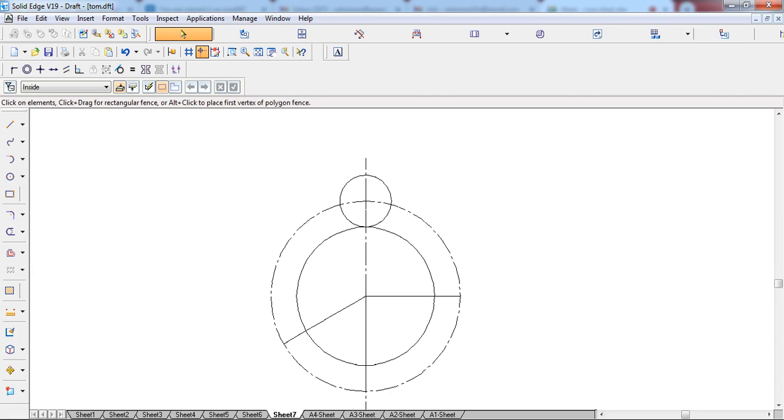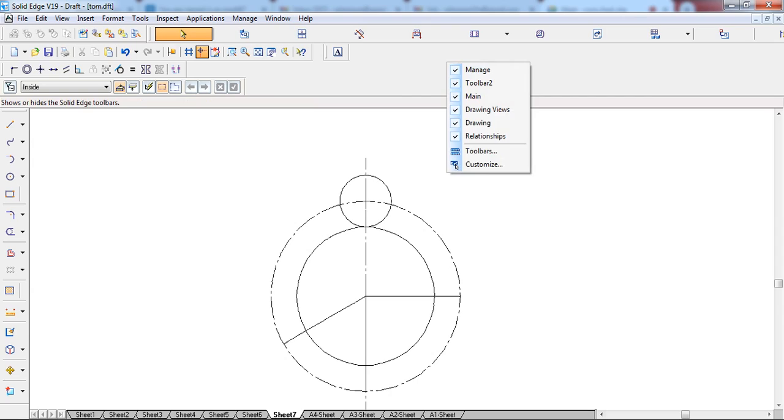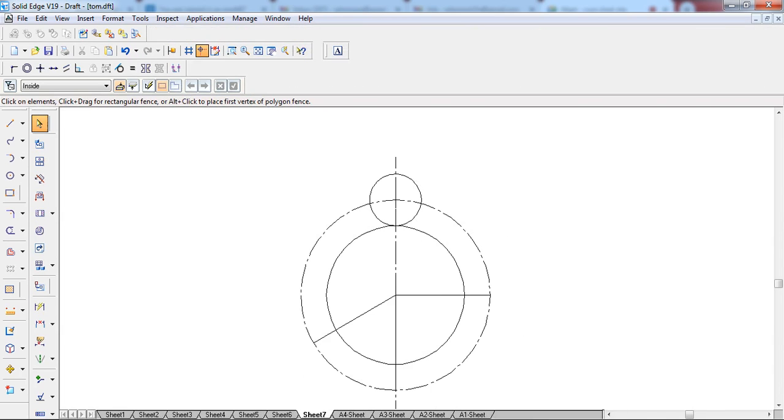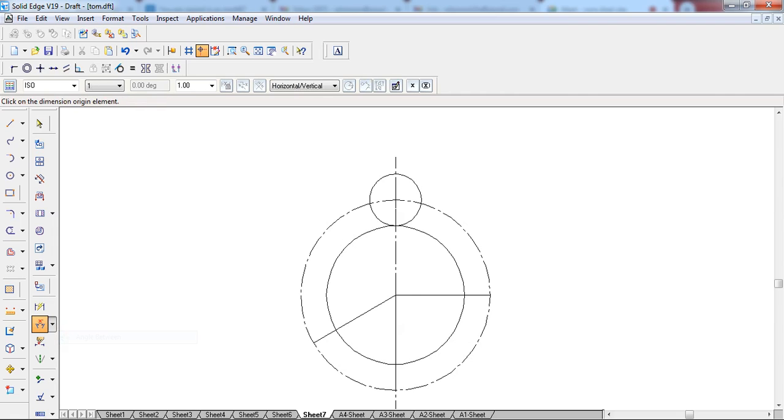I will show you the angles also: 120, 60, 90.